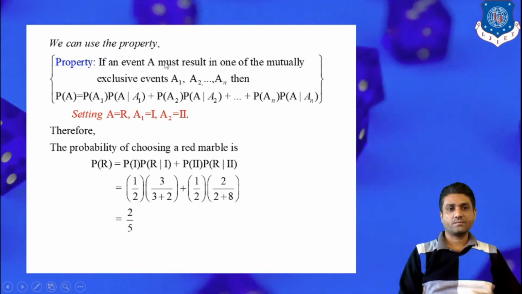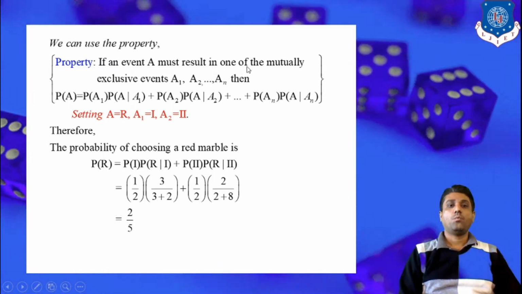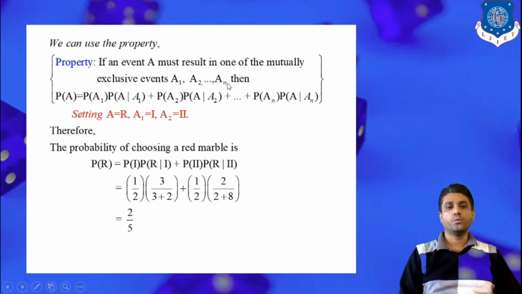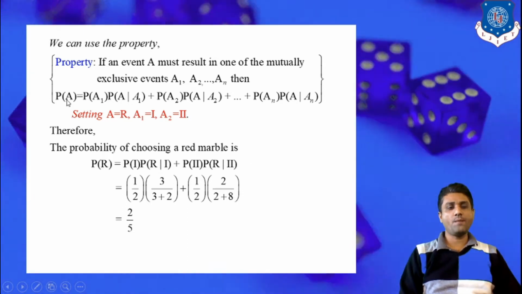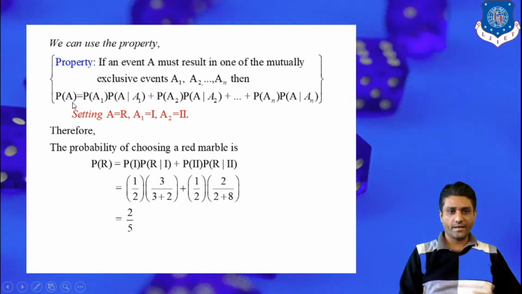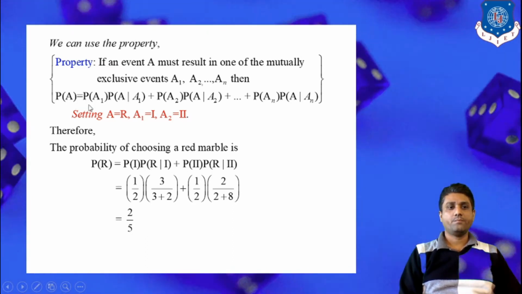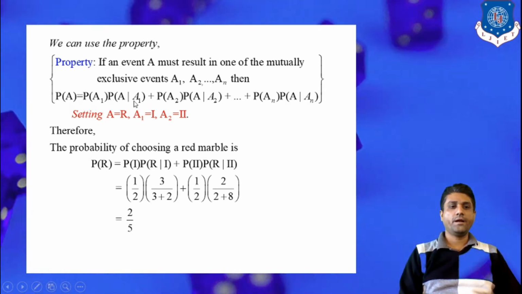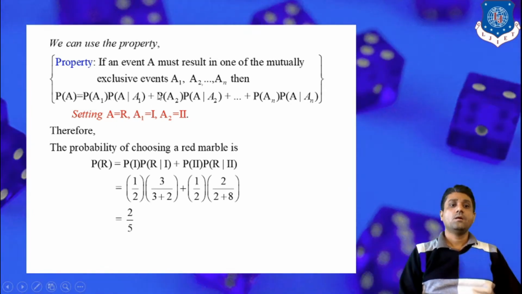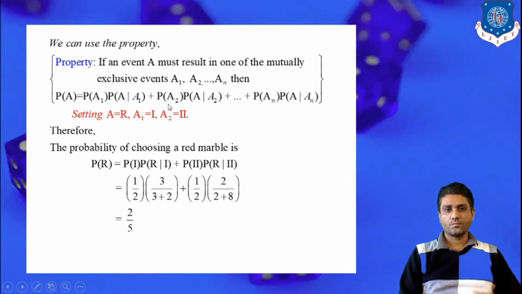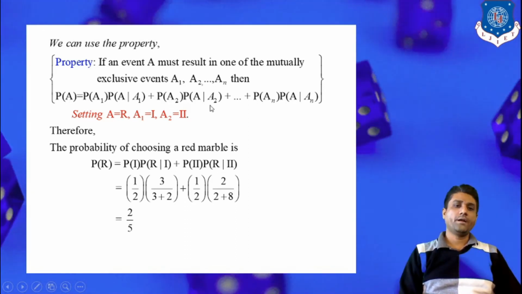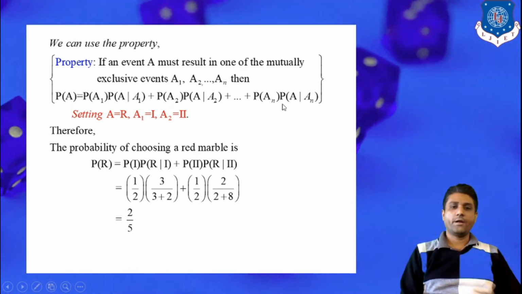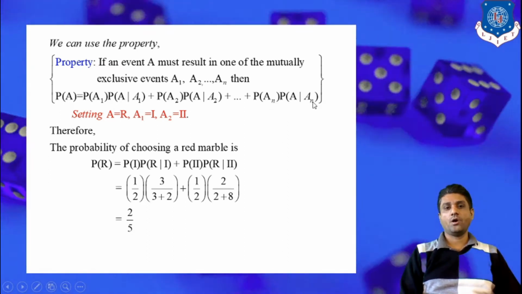If an event A must result in one of the mutually exclusive events A1, A2, ..., An, then the probability of event A equals the probability of A1 times the probability of A given A1, plus the probability of A2 times the probability of A given A2, and so on, up to the probability of An times the probability of A given An.